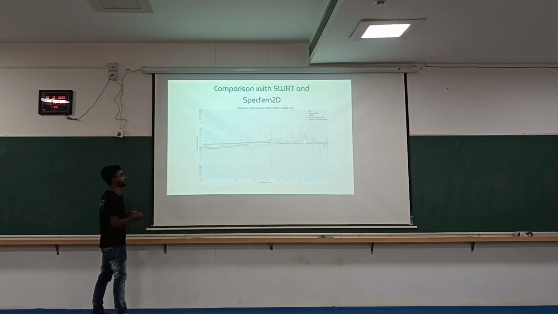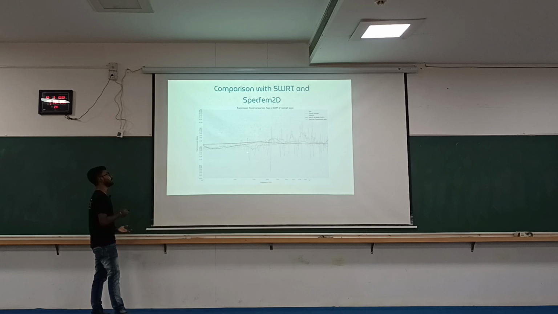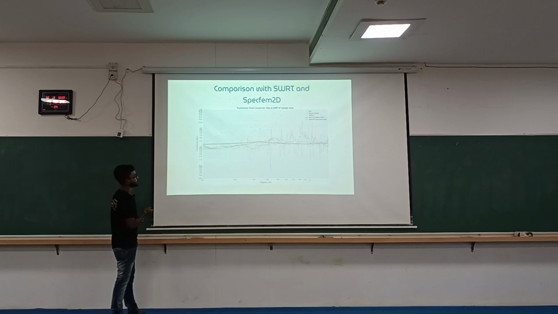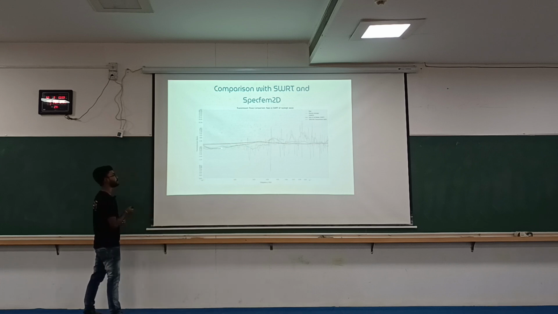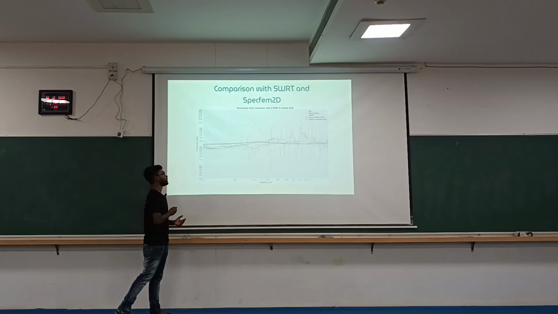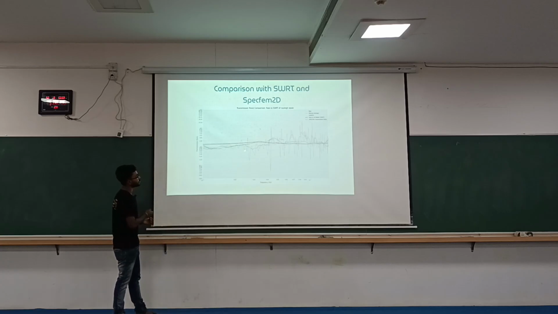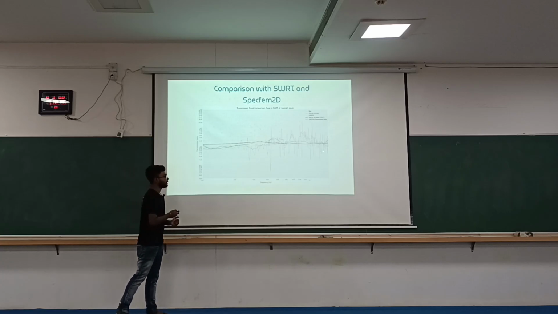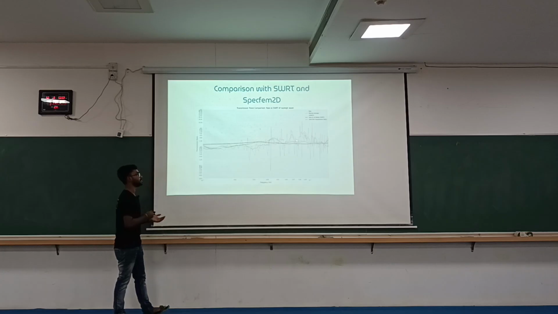Here is the comparison plot with the SWRT and the spectrum. But there is a catch in the Rayleigh wave. We are still figuring it out. There is a small peak of the SWRT plot in the transmission ratio at about 0.02 Hz, but in the real data, the peak comes later. So we don't know the reason.